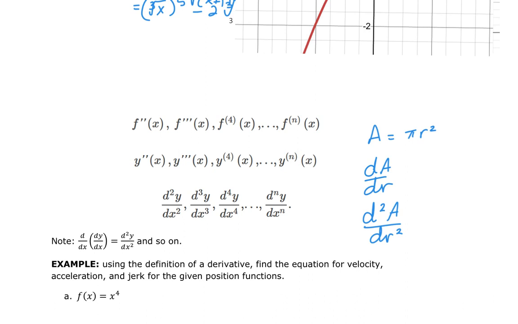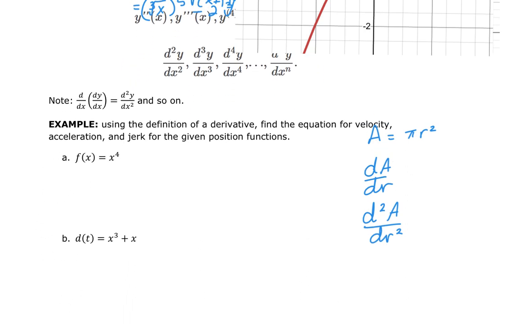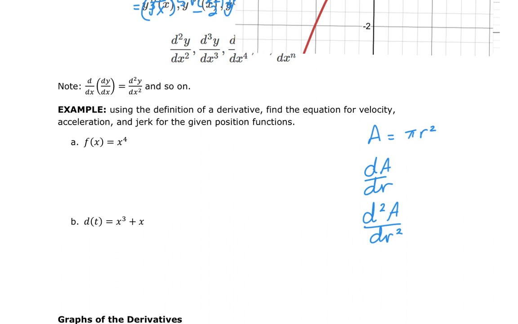So using the definition of derivative, find the equation for velocity, acceleration, and jerk. So let's go ahead and do that for these equations. We're going to do x to the fourth power first. We're going to find my velocity, so f prime of x, which is the velocity.